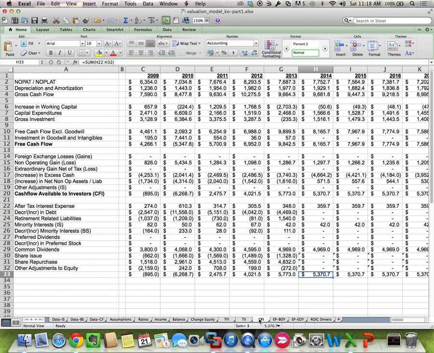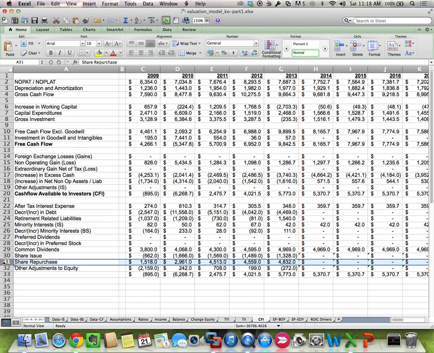So assuming they did a bunch of acquisitions, and think about the other side, what were they doing here? Remember all this share repurchase? And remember they were borrowing debt to do the share repurchase? Well, we're not doing that anymore. But theoretically, we could do some share repurchase, because even with the dividends, their excess cash balance is going up, so that's how much they could theoretically pay out over time.